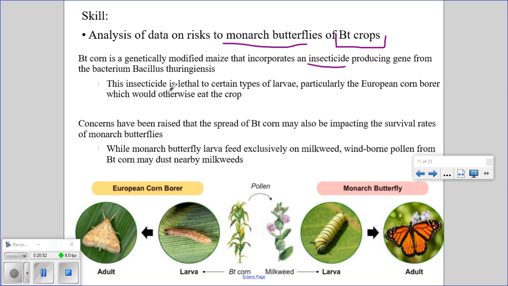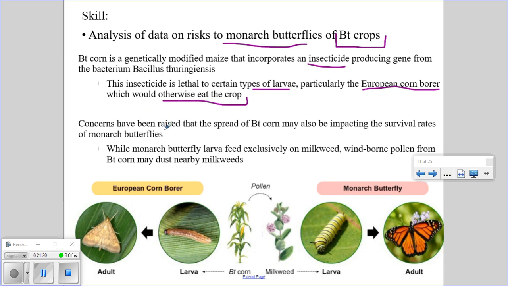Now, this insecticide is lethal to certain types of larvae, particularly the European corn borer, which would otherwise eat the crop. So the European corn borer can devastate crops of corn pretty easily. So these genetically modified corn plants produce a natural pesticide that will help reduce damage from this particular pest.